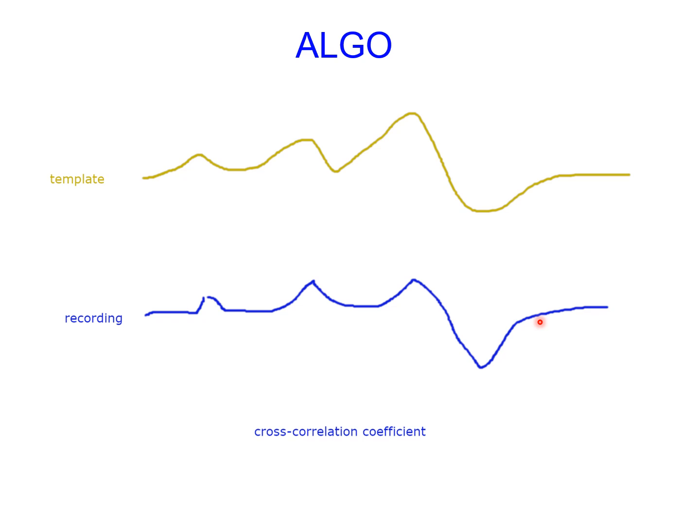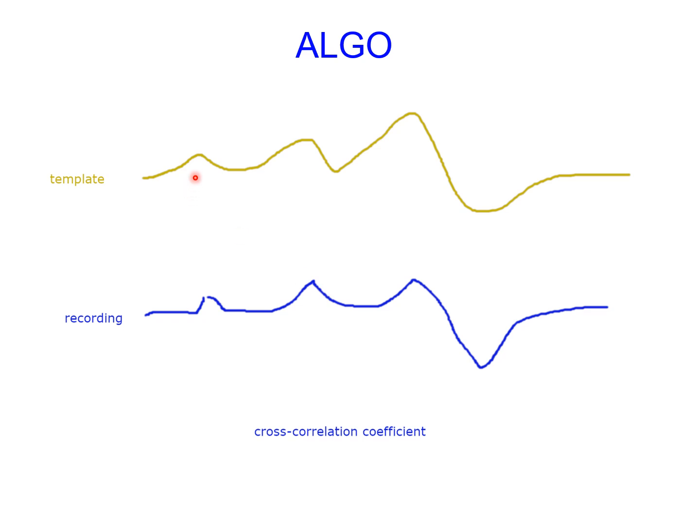ALGO simply does one thing: a cross correlation between the two waveforms. What do I mean by cross correlation? Basically, when the template goes up, the recording goes up. When the template goes down, the recording goes down. That is the basic question.